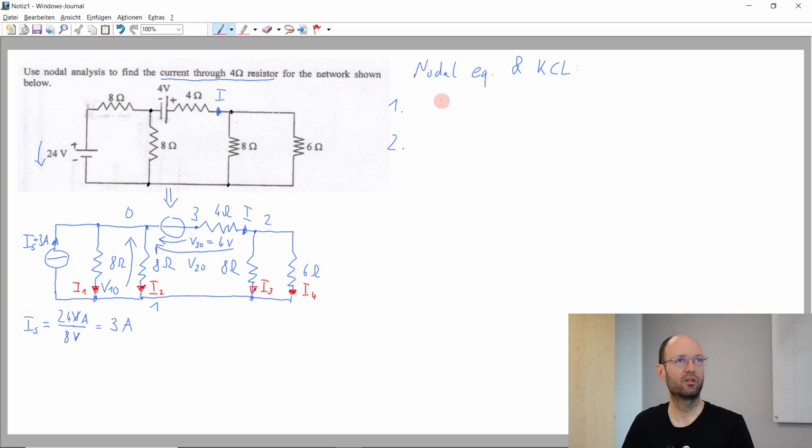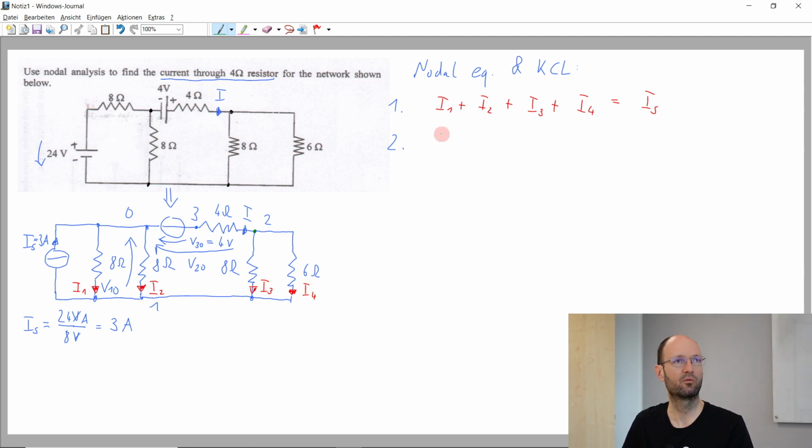And the nodal equation at this node would be that the sum of these 4 currents must be the same as the source current on the other side, because they are all flowing towards the node and this one is flowing away. Okay, and if we do the same thing for this node, then we have our current I flowing towards the node, and these currents are flowing away.